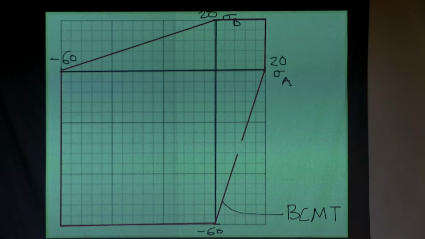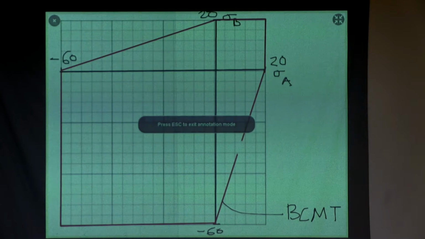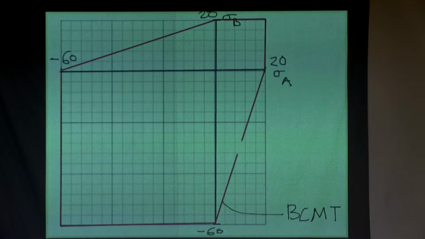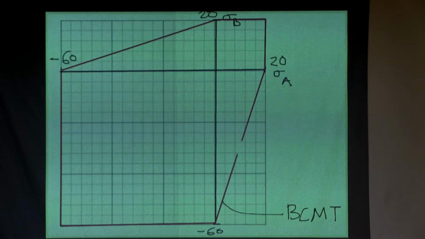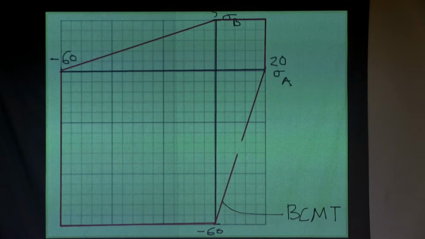And let's also do the MMT safety envelope. Let me choose a different color. What that would be is a straight line from there to here. No, that's not good. Let's see if I can do it again.